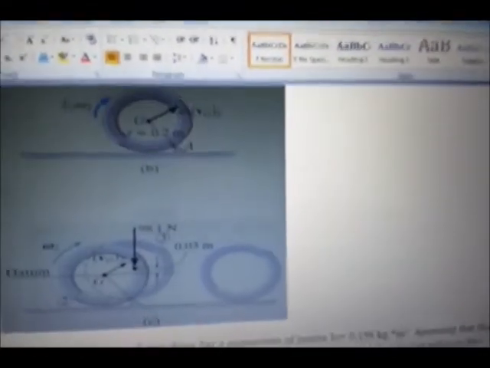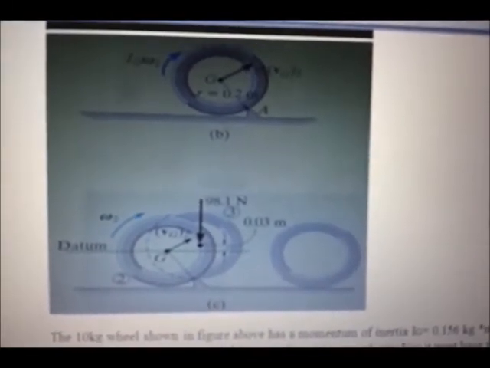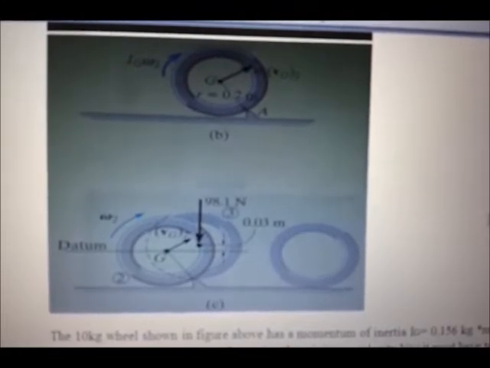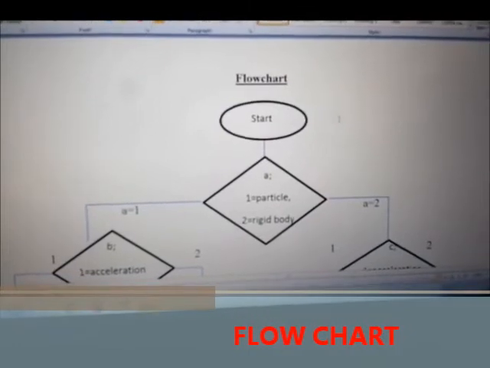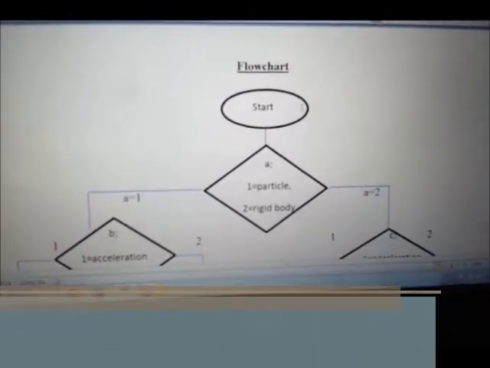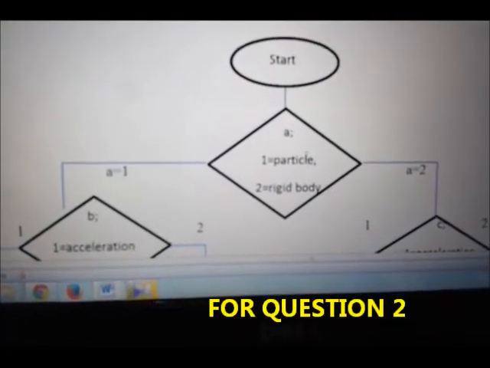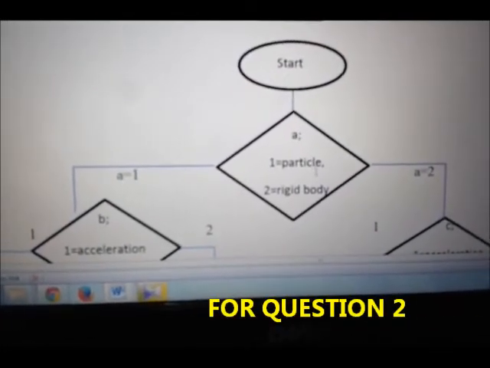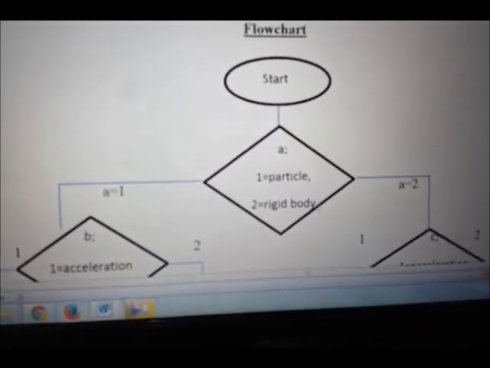Okay, this is the figure. Okay, this is our flowchart. Firstly, we start here, and then we found the if else looping, 1 for particle and 2 for rigid body.